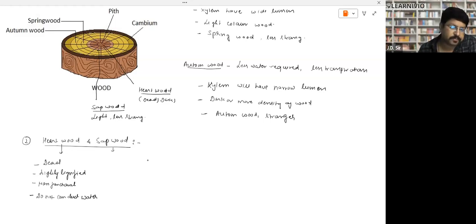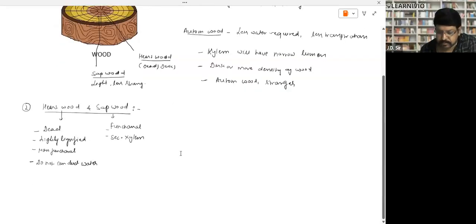Next point. The peripheral part, which is functional and made up of secondary xylem, lighter in color, is called sapwood.